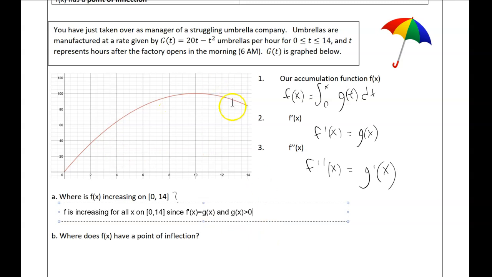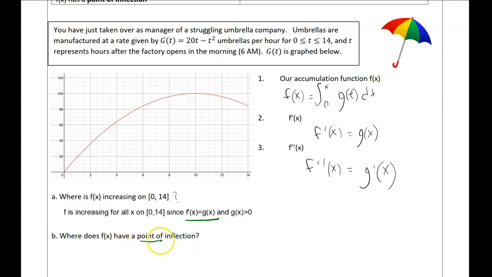So g of x is our graph of the derivative of f, f being the area under the curve of the graph at each x. Notice it's important that we recognize that f prime is equal to g, because otherwise our reasoning isn't quite clear if we just say g of x greater than 0. It doesn't connect back to f.